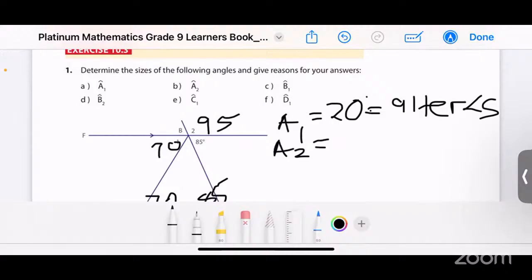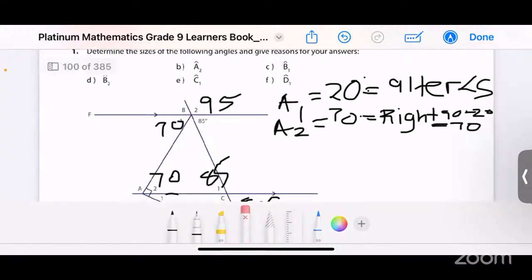A2 was a right angle. 70, reason, right angle. So we said 90 minus 20. It gives us what? That's why we got the 70 degrees. Are we together, grade 9s?